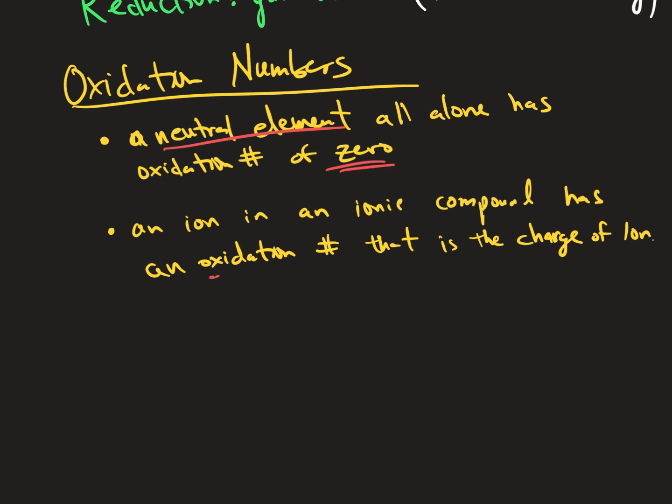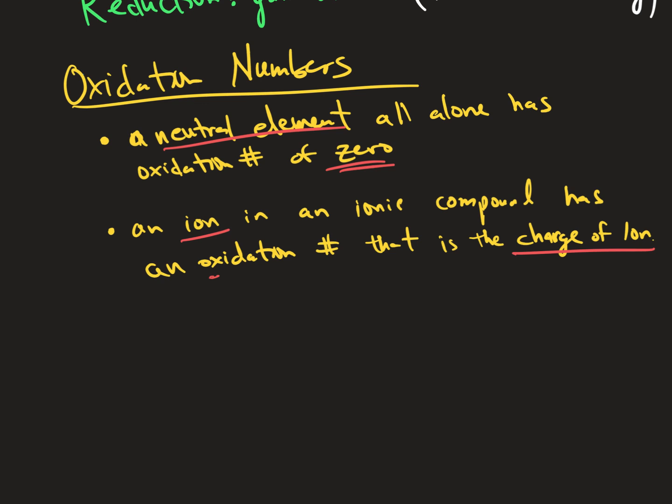Oxidation number, so for an ion, the oxidation number is the charge of the ion. So what's the oxidation number for sodium? If it's just sodium, it's 0. If it's sodium in sodium chloride, it's positive 1. You with me? You get the difference between those two.